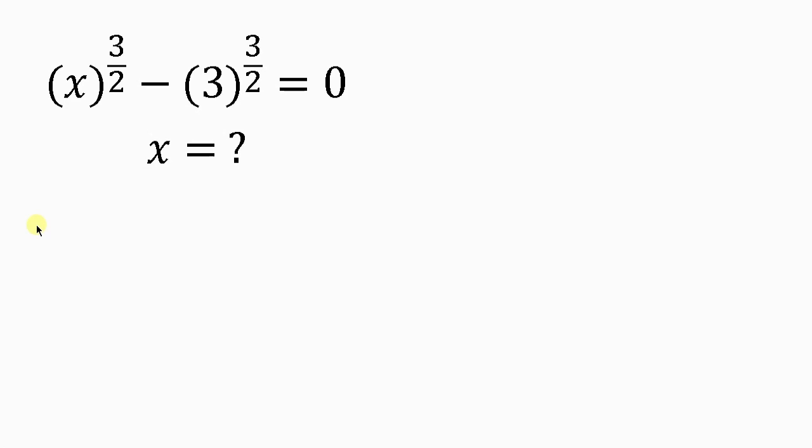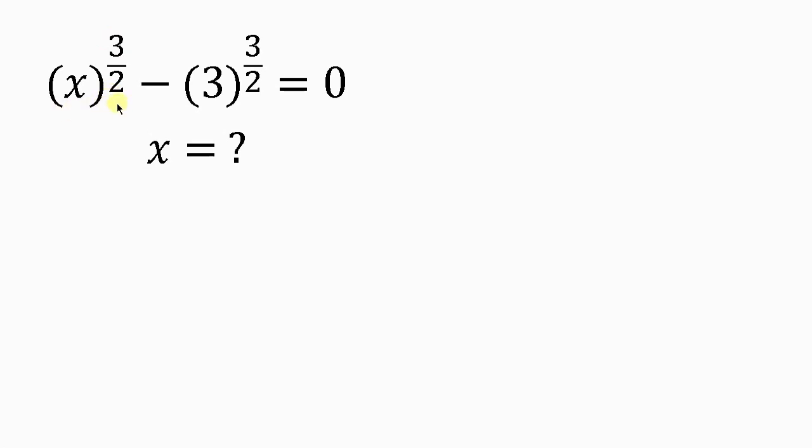Look at this nice and beautiful question on the board that we're going to be solving. The question says, find the value of x for which x to the 3 over 2 minus 3 to the 3 over 2 is equal to 0. Well, our first step will be for us to decompose this exponent, 3 over 2.